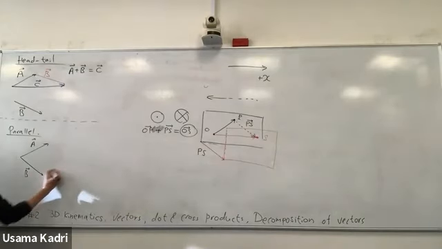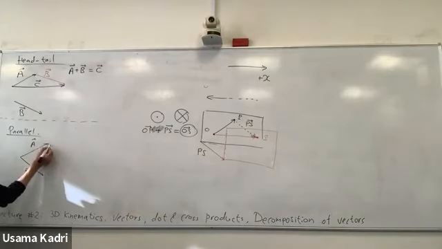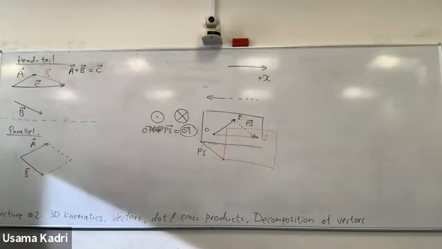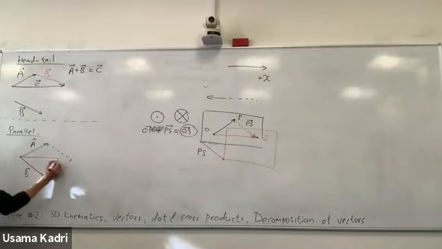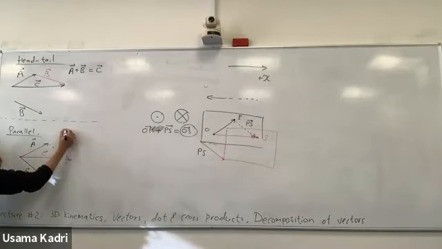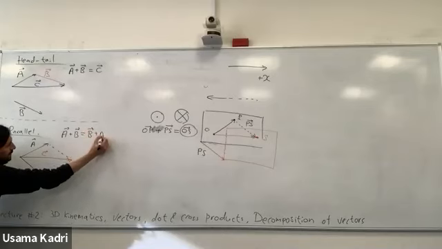And if you do that, you get this thing, right? And what you do now is connect this point with that point. And again, that would be C. So A plus B gives C. What you note from here is that A plus B also equals B plus A.